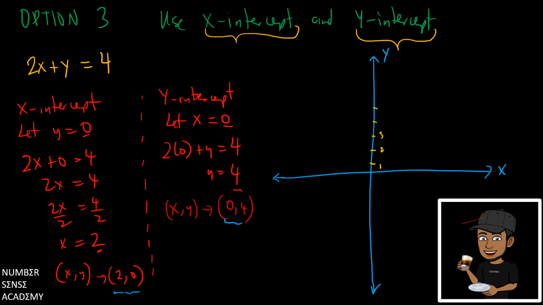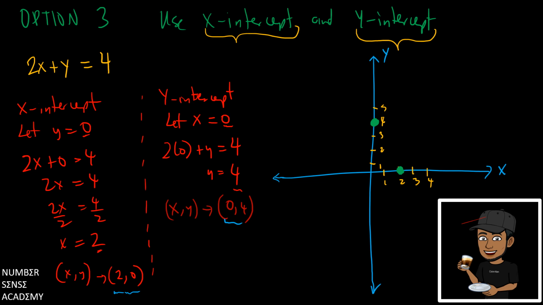So 1, 2, 3, 4, 5. So I'm going to put 5. Where's (0, 4)? (0, 4) is right here. All right. And then for the x-axis, I need 2 points at least. So let's go 1, and then that point is (2, 0). So that's here.